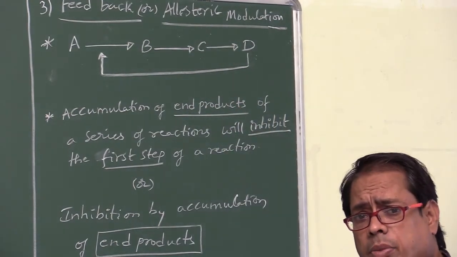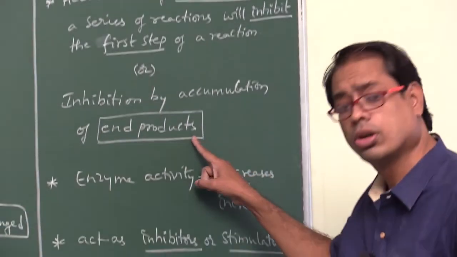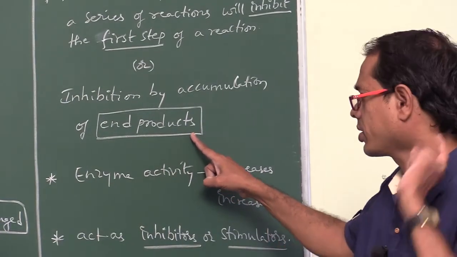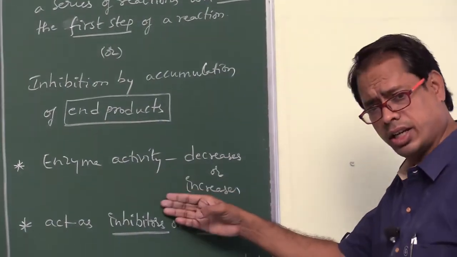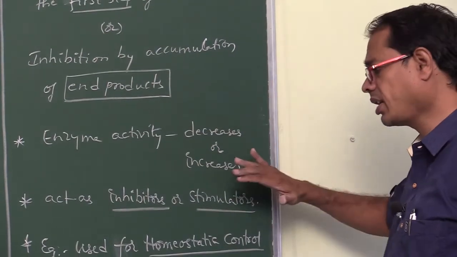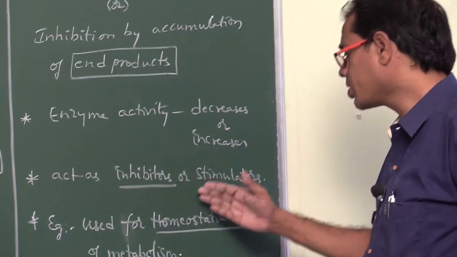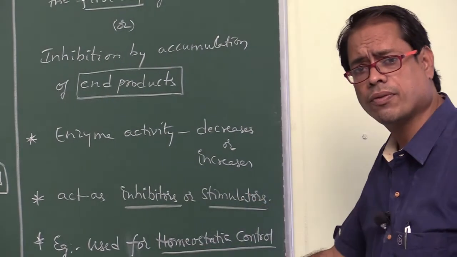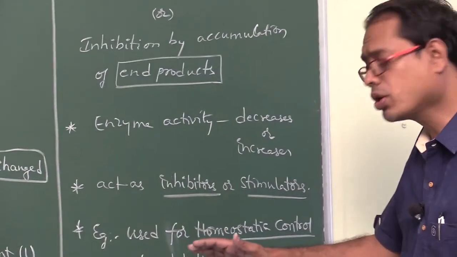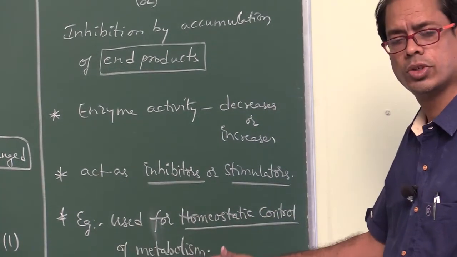Feedback inhibition can be done by end products. Don't say intermediate products. The end product comes back, attaches to the enzyme of the first reaction, and inhibits the series of reactions. Enzyme activity decreases or sometimes increases, so they act as inhibitors or stimulators. An example for feedback inhibition is homeostatic control of metabolism.